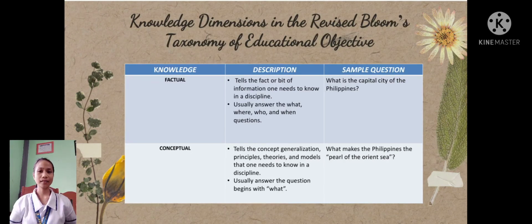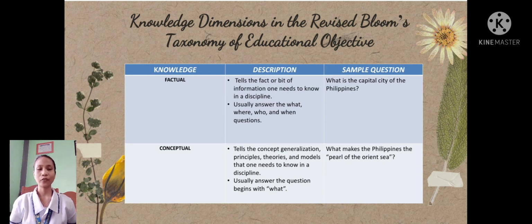The second dimension in the revised Bloom's taxonomy of educational objectives is what we call the knowledge dimension. The first level of expertise under the knowledge dimension is factual.